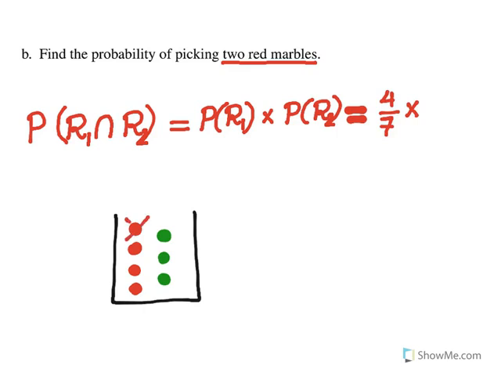Now, once you have chosen red already, you have 3 reds left out of 6. So it will be times 3 out of 6. And if you simplify, this will be 2 out of 7. So this would be the probability of first red and second red. And remember that this one is without replacement, because once you choose a red, you cannot return it back.